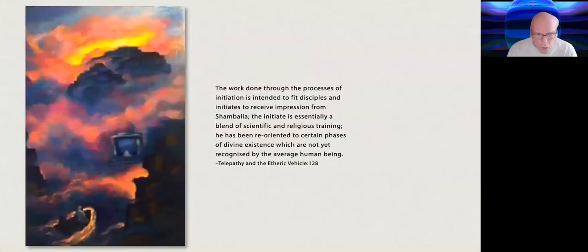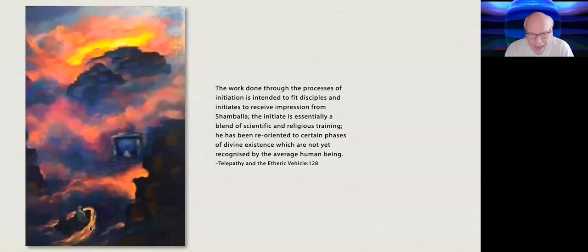Quote, the work done through the processes of initiation is intended to fit disciples and initiates to receive impression from Shambhala. That's its purpose. The initiate is essentially a blend of scientific and religious training. He has been reoriented to certain phases of divine existence, which are not yet recognized by the average human being.